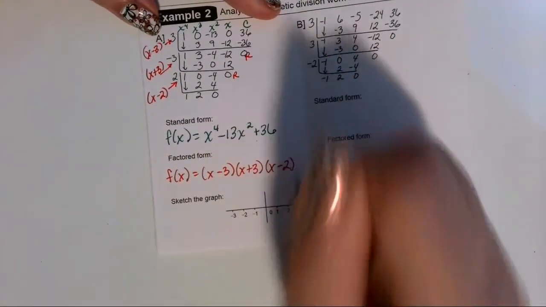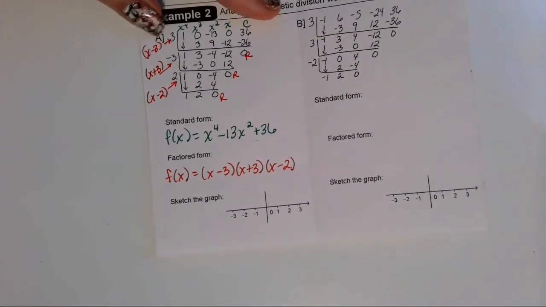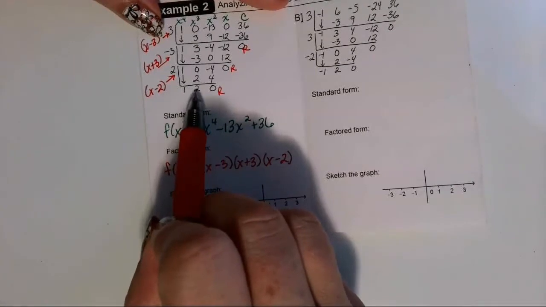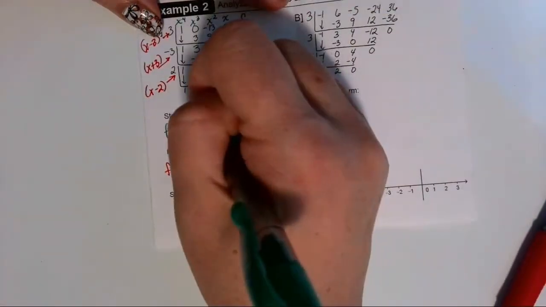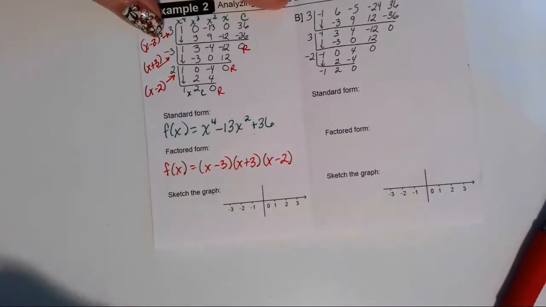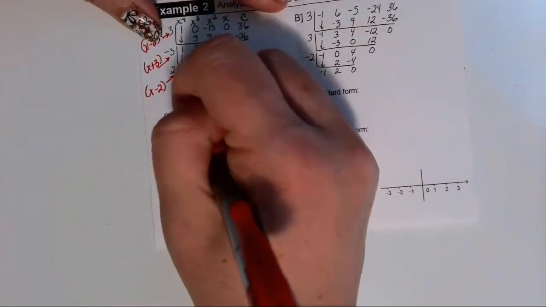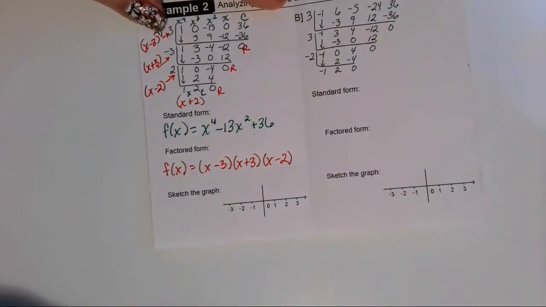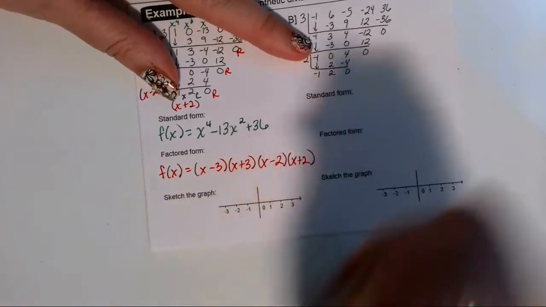And so that would go in my factored form because the remainder there is 0. Okay, then I have in my final quotient the remainder of 0, then this is a constant followed by an x, and so this quotient is an x plus 2, and that would also be, since the remainder was 0, part of my factored form.